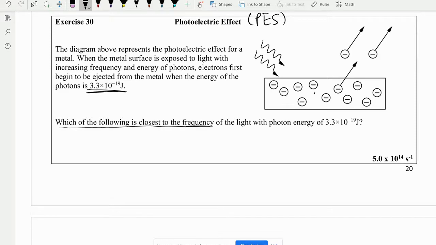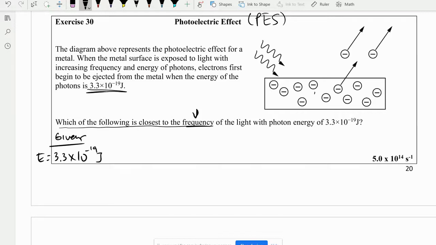And remember, you guys, frequency is that V-looking structure, the Greek letter nu. It's not a V, though. So what is the frequency of light when the photon has an energy of 3.3 times 10 to the minus 19 J? And you guys, J is joules. So really quick, I just write my givens, and I know that they gave me E, energy, and that is 3.3 times 10 to the minus 19 joules.